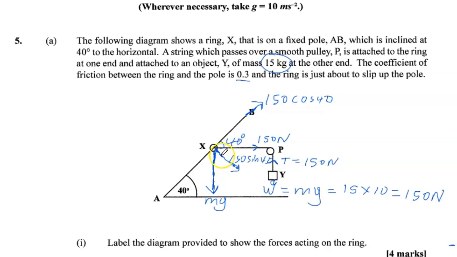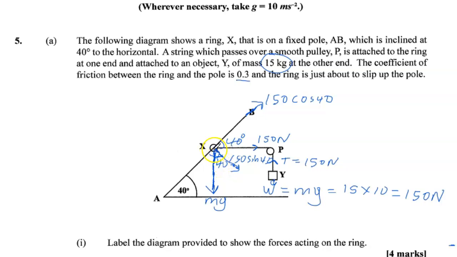Of course this angle will be the same 40 degrees, since this will be a right angle. So this angle will be 50, 90 minus 40, and this angle will be 90 minus 50, which is 40.